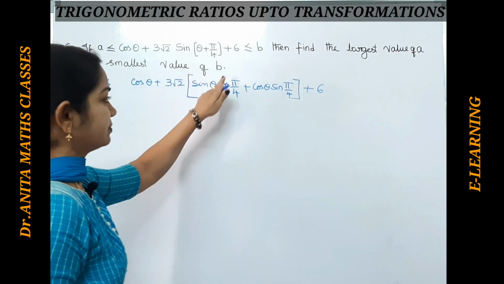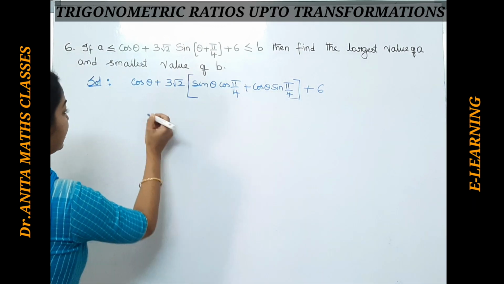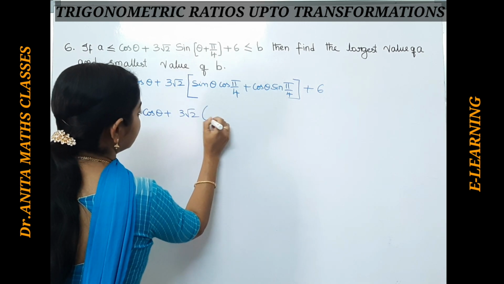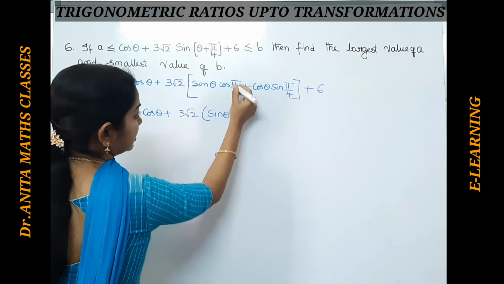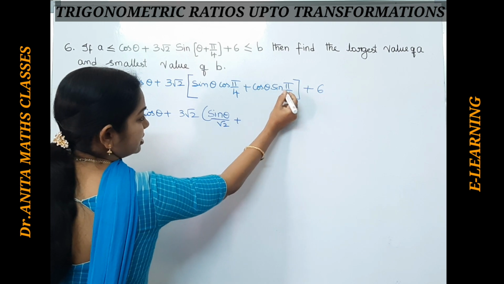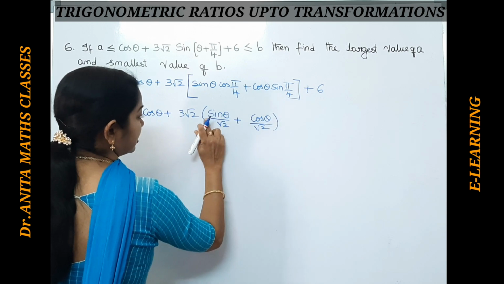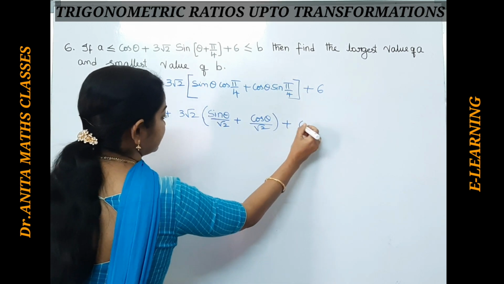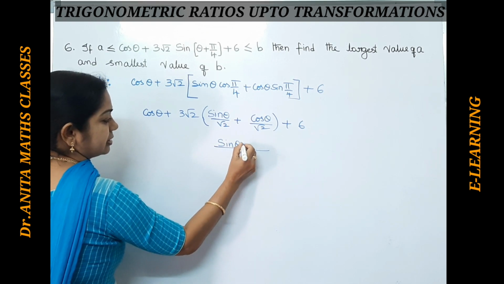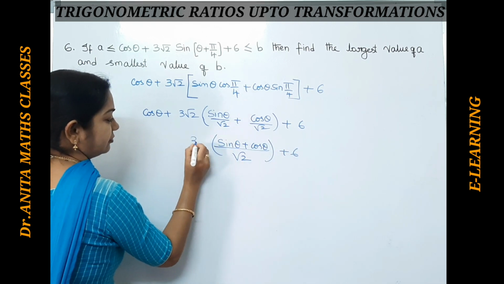Here we know cos pi by 4 and sine pi by 4 are 1 by root 2. So we express cos theta plus 3 root 2, and here sine theta into 1 by root 2 gives sine theta by root 2, plus cos theta into 1 by root 2, so cos theta divided by root 2, plus 6. If you take the LCM, this comes to sine theta plus cos theta, plus 6 and 3 root 2.